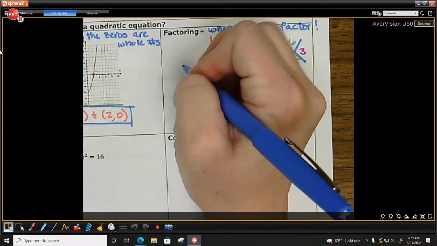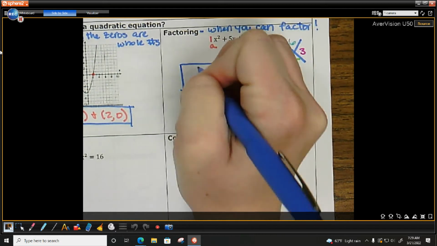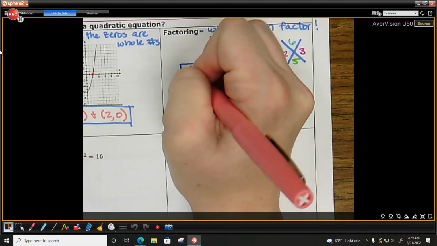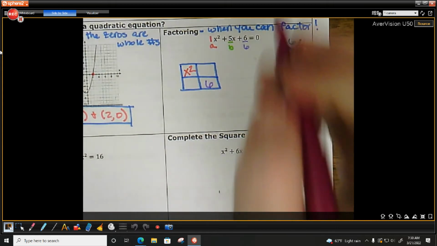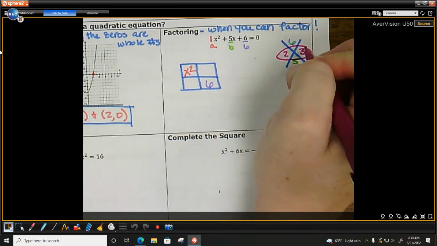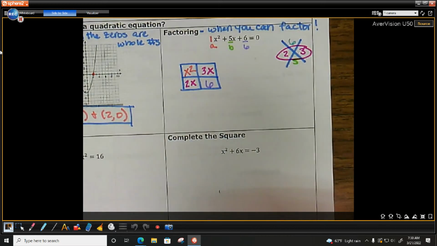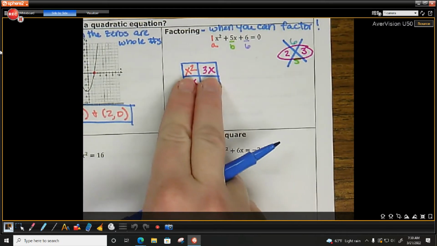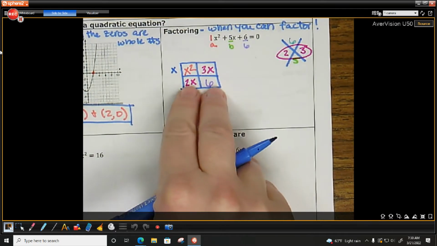So now we're going to draw our 2 by 2 box. Remember, first term goes in the first box. Last term goes in the last box. And then the 2 numbers we found in our x go in our box with x's. Then we're going to take out our GCF. What do both of these have? 2 and 6 are both divisible by 2.